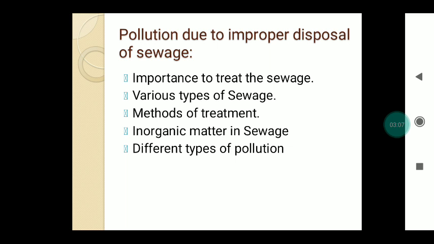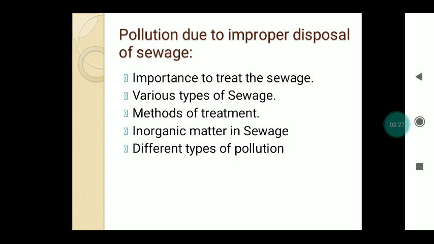There are various types of sewage like industrial sewage, domestic sewage and agricultural sewage. This sewage can be treated before it is discharged. Different methods like preliminary, primary, secondary or tertiary methods are used to treat the sewage.